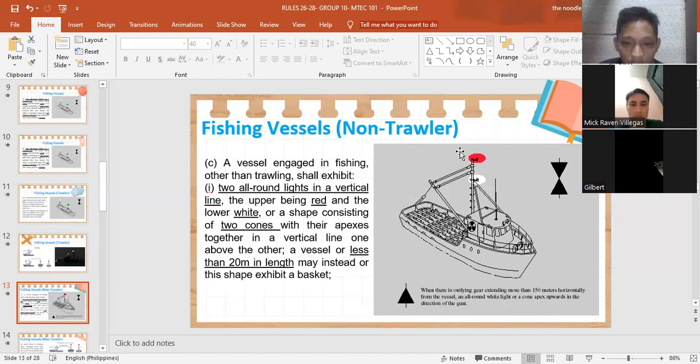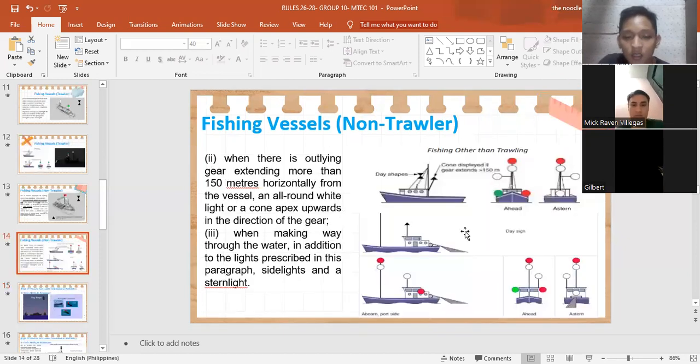So what we could see here in the picture is a fishing vessel engaged in fishing other than trawling. So its light would be red and white.